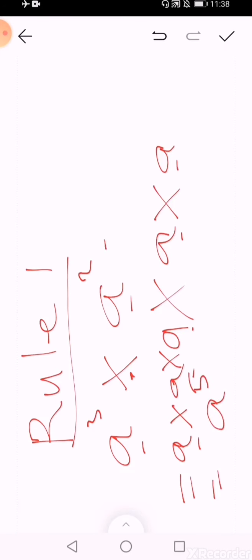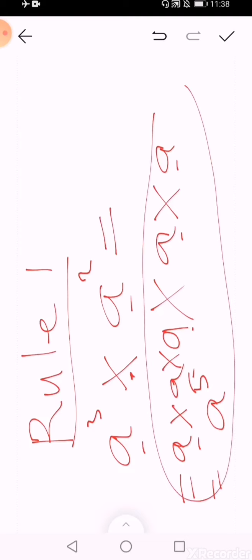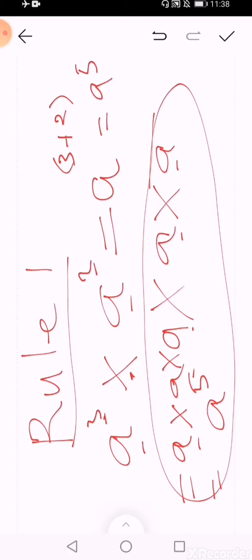So instead of writing this, we could write a to the power 3 plus 2. What we did here was add the powers, we added 3 and 2, when we are multiplying. So we get a to the power 5, which is the same as before.